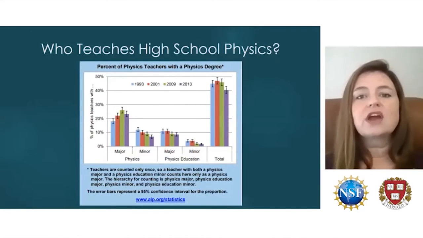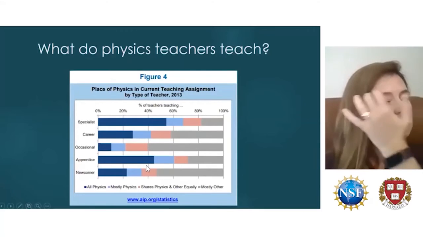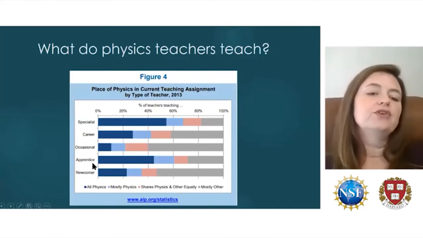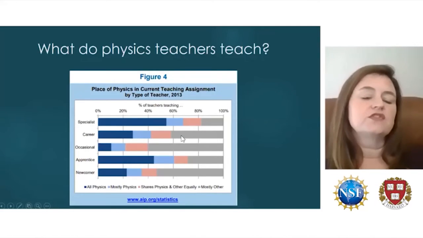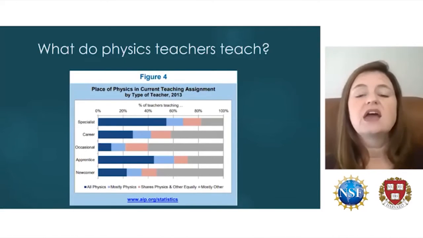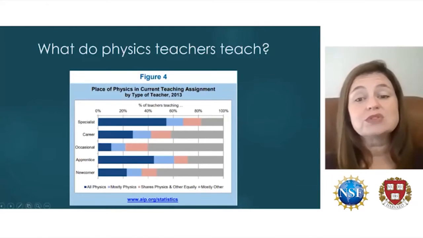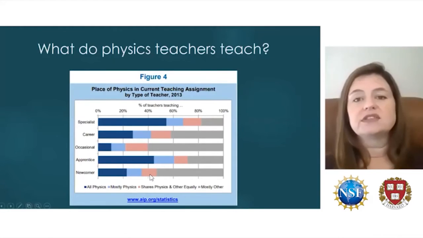When you also look at what physics teachers teach, over here in this chart, you can see for different levels of teachers, either they're new or even some specialists, they went through and said, what percentage of classes do you teach that are just physics? And you can see that from the gray bars, these are teachers who teach mostly something that is not physics. The pink bars here are teachers who teach equally half physics and half something else.